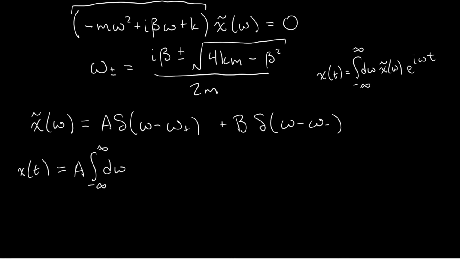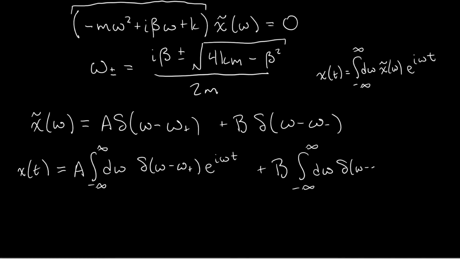So we have this term here, e to the I omega t plus b integral minus infinity d omega minus omega minus e to the I omega t. And now we just use this very nice property of delta functions that picks out this single value of omega.